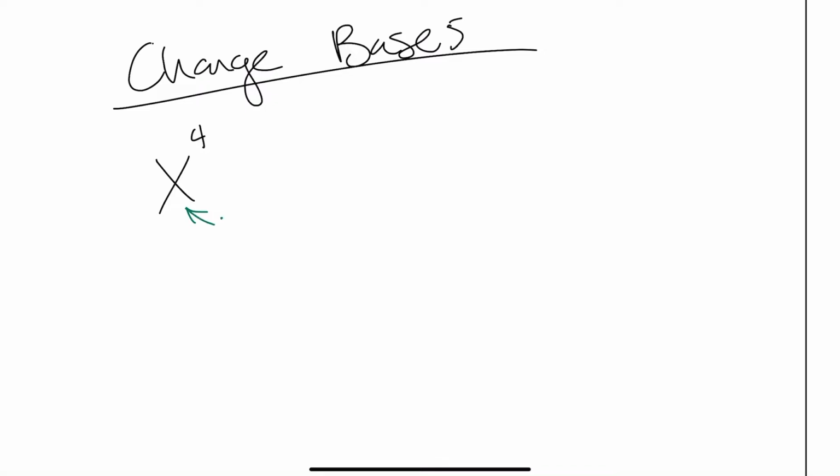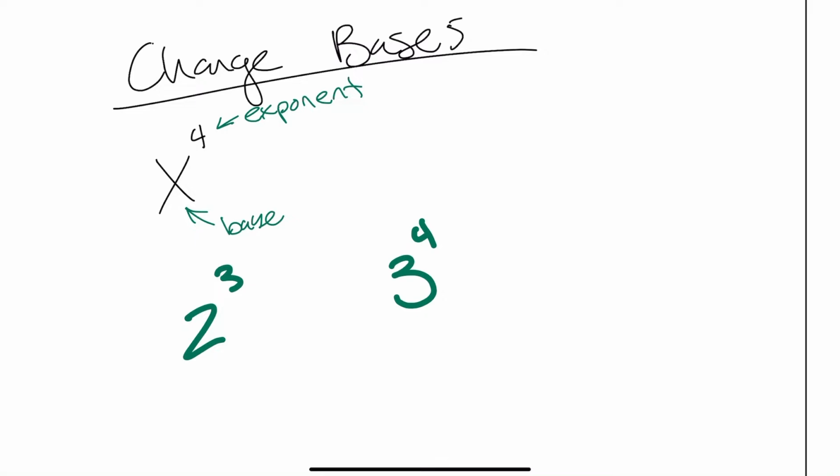going to be x, and our exponent is going to be whatever number is at the top there. So, what we're going to look at more today are bases that are not x. So bases like 2 or 3 or something like that.